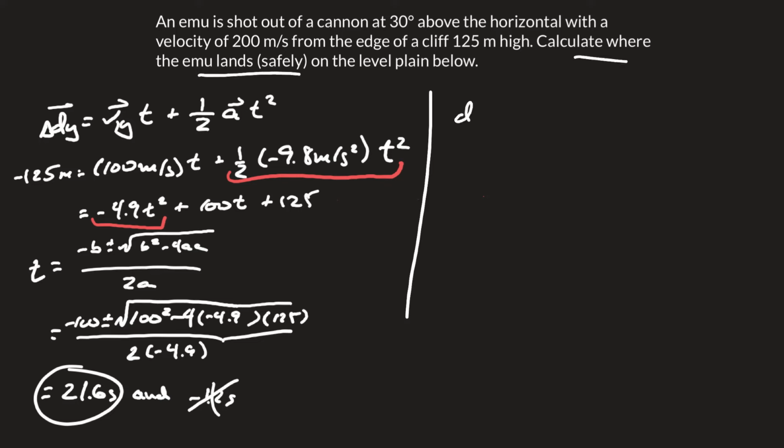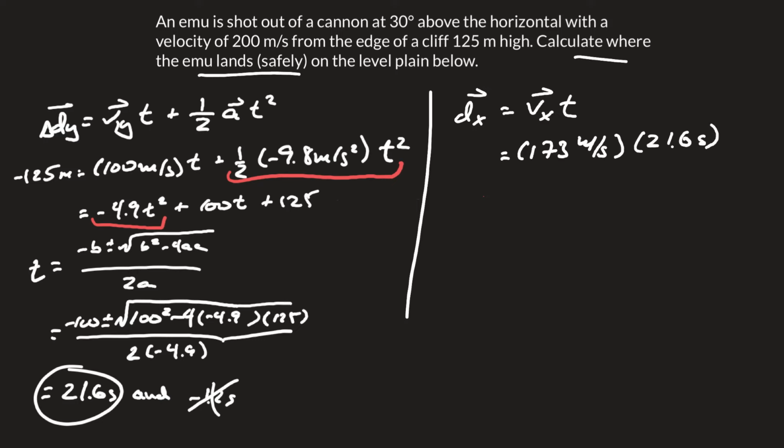So that's going to be dx equals vx t. Now, of course, in the previous slide, we solved for vx. Since velocity is consistent in the horizontal component, there's no vx1, vx2. So our velocity was 173 meters per second. We have our value for time, 21.6 seconds.